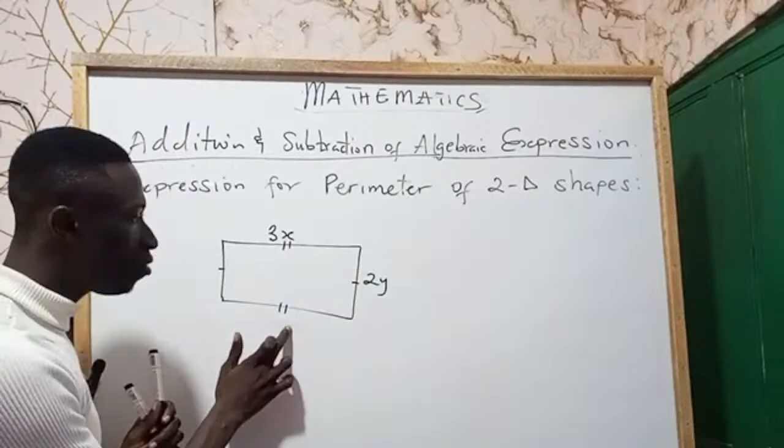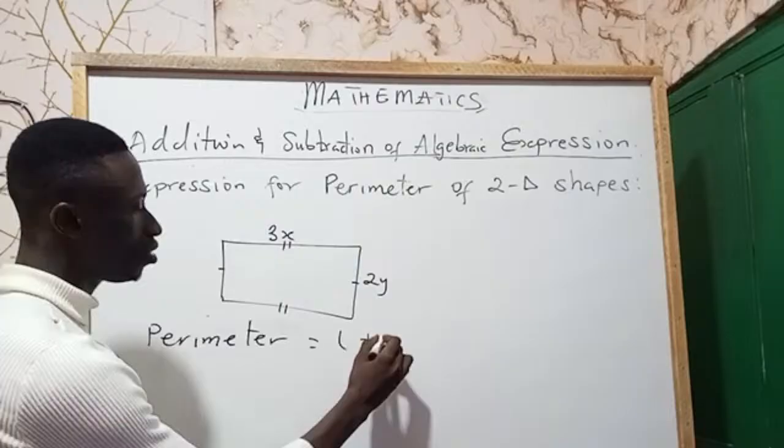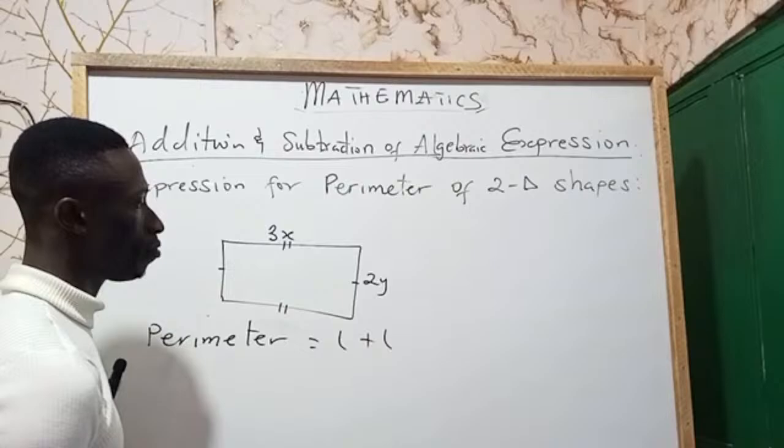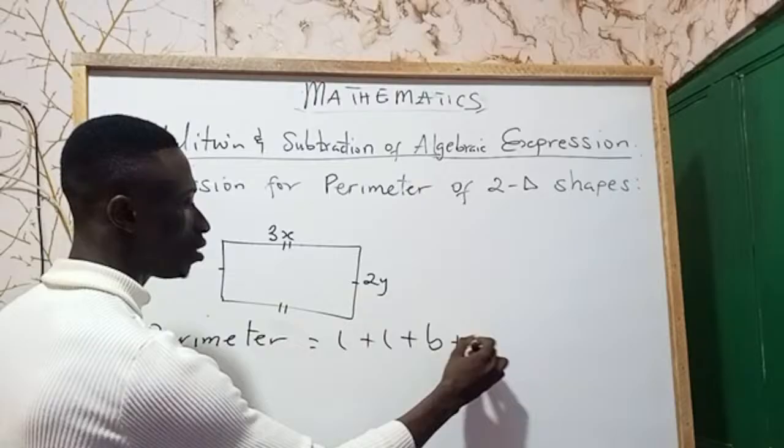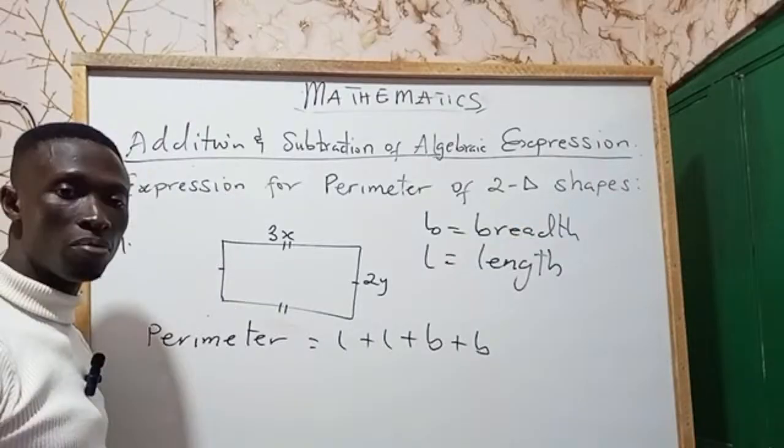So the perimeter is equal to my length plus my length, plus my breadth plus my breadth. B is equal to breadth and L is equal to my length.